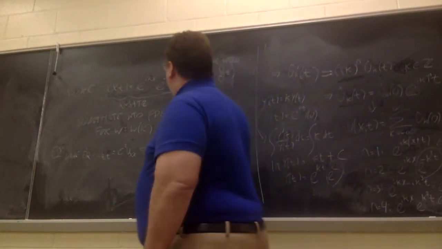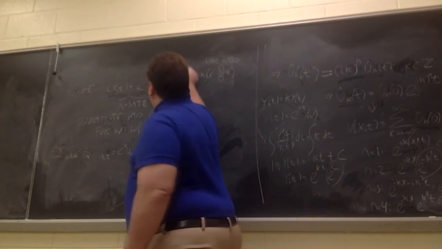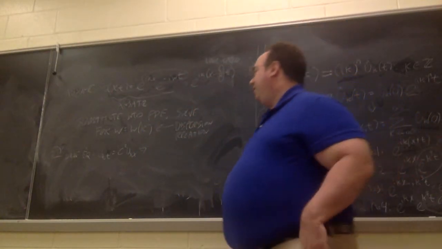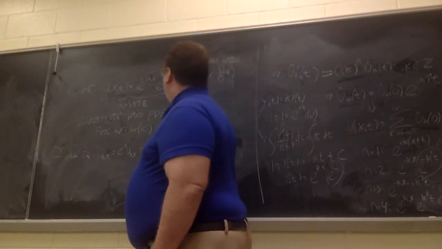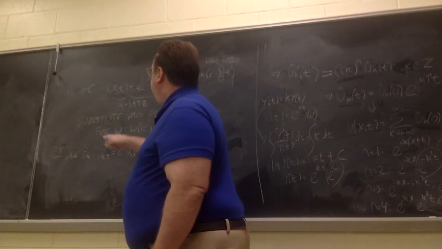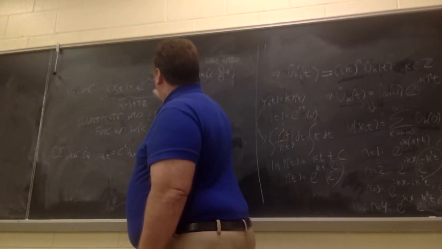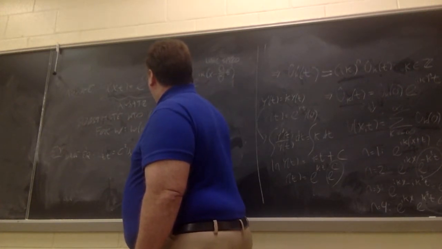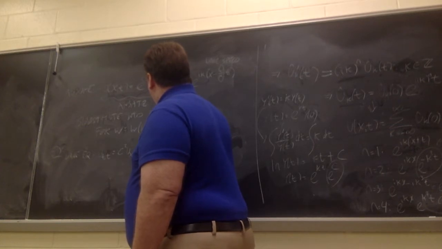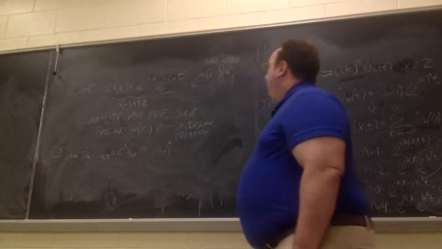So what I really care about is when I take the derivative of that with respect to t or x or whatever. So for example, if I take the derivative of this with respect to t twice, then I'm going to get minus i w squared for the left side.